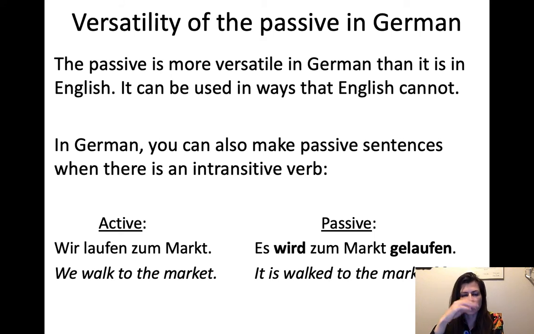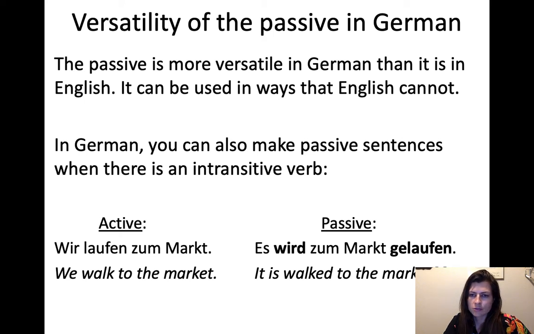It doesn't take one, right? And so when you have something like es wird zum Markt gelaufen, which is a totally real and pretty common construction in German, if you translated it literally, you would think, okay, this is passive, and this es means it, so it is walked to the market, which I don't think an English speaker would understand if you said it that way, right?